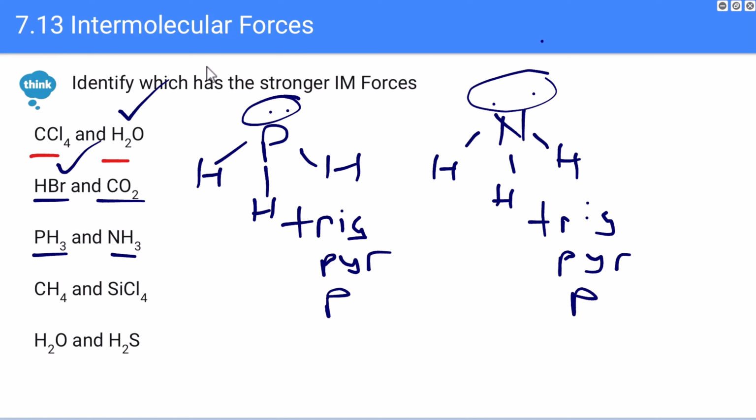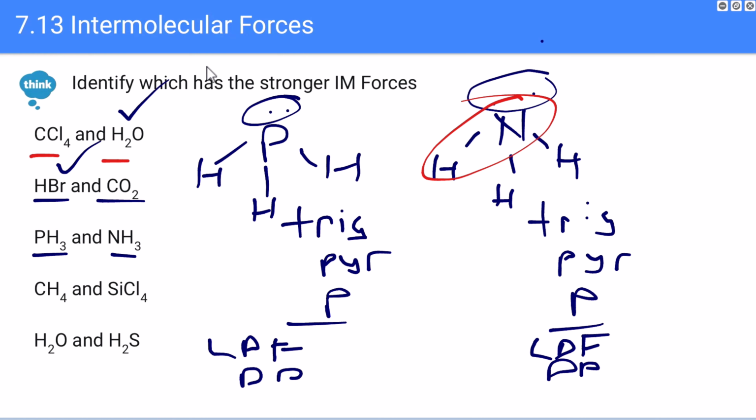I know different professors do things a little bit differently, which is fine. Both are polar, so both will exhibit London dispersion forces and dipole-dipole. But NH3 has a hydrogen that is covalently bonded to an oxygen, nitrogen, or fluorine. So the difference here is that NH3 is going to be able to have hydrogen bonding. So when I compare them, NH3 is going to have stronger intermolecular forces than PH3 because it has all three, whereas PH3 only has two of the three. So that's how we determine that one.